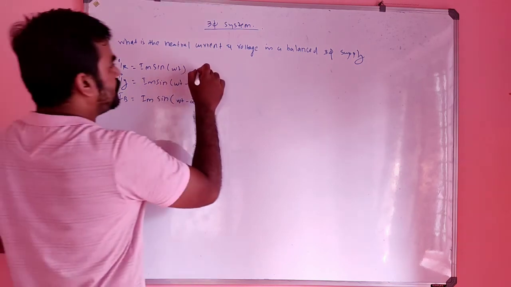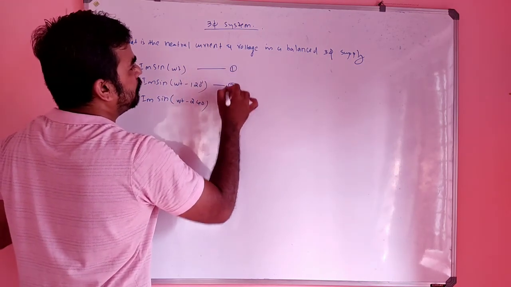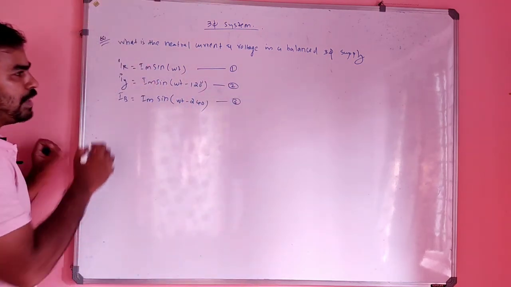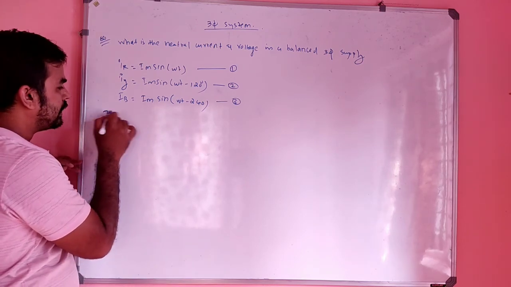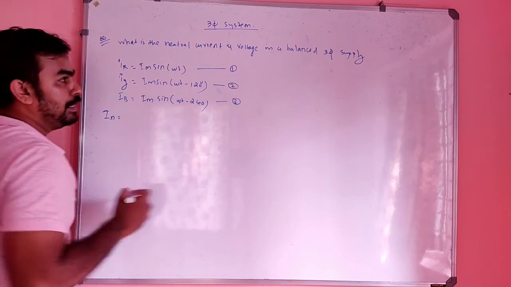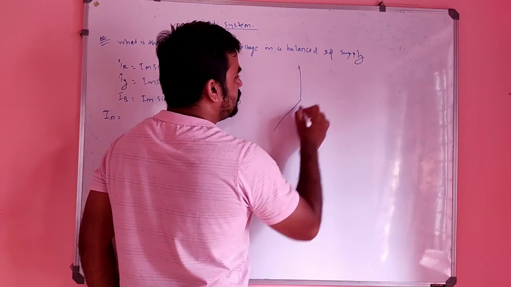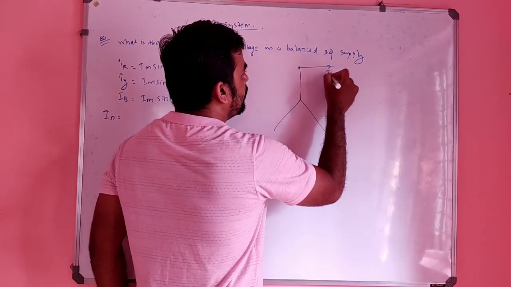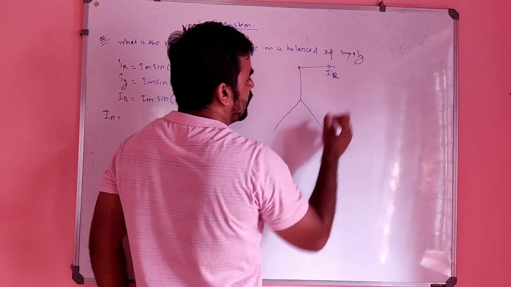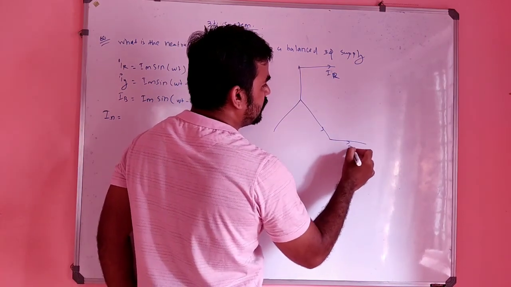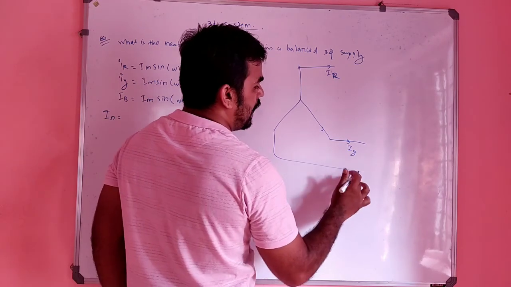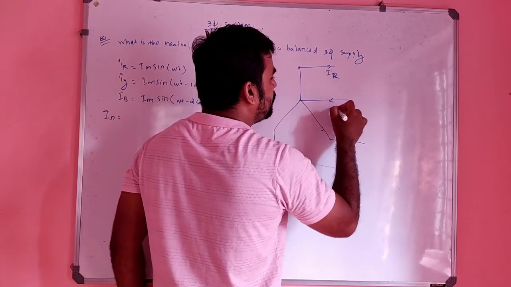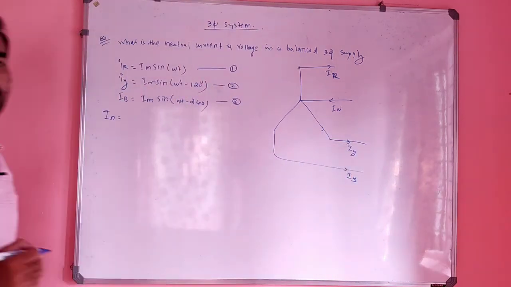If you add these three, that is the neutral current In. In a balanced supply, let these be IR, Iy and Ib, and the neutral current will be in this direction, In.